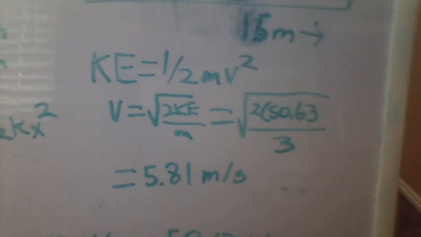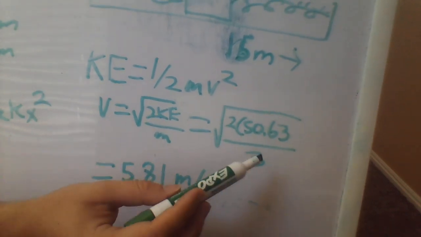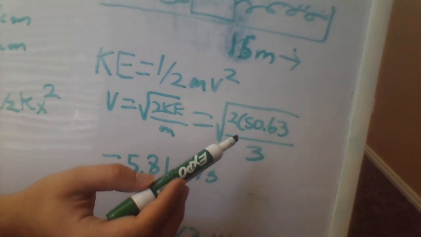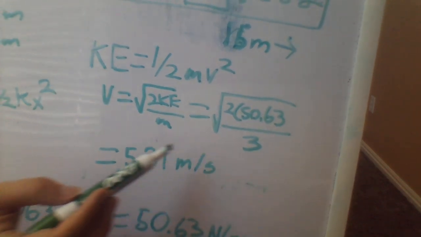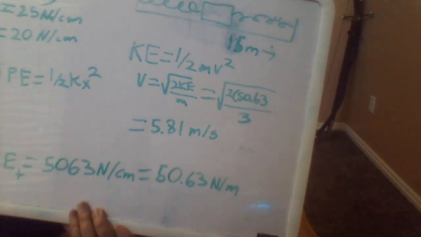So we solved for v, we plugged in 2 times our potential energy, or kinetic energy total, divided by 3, and we got 5.81 meters per second for v.